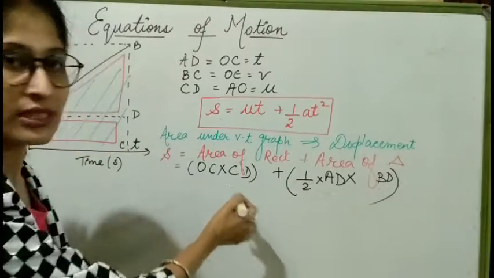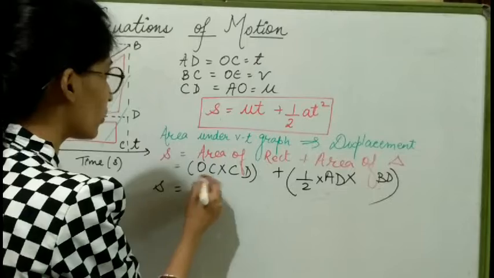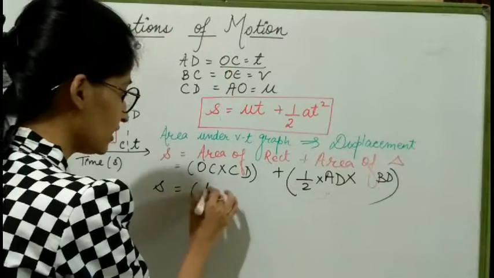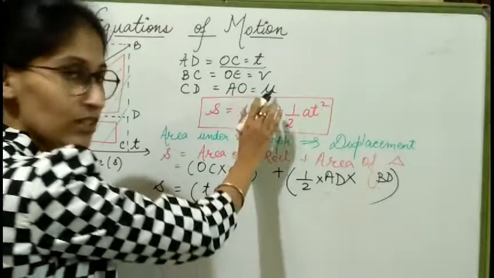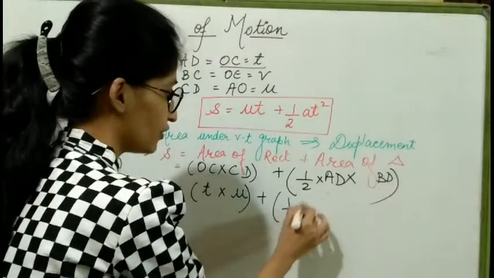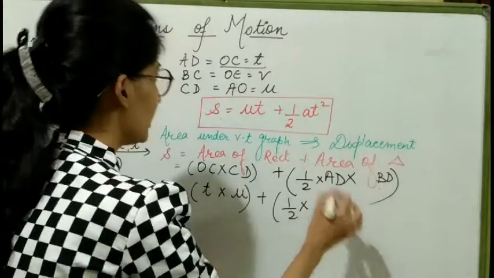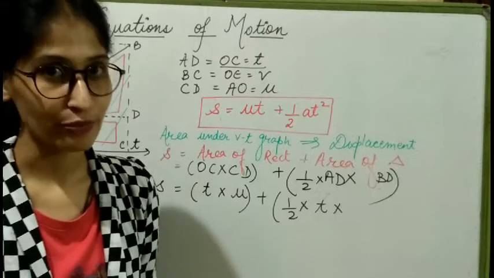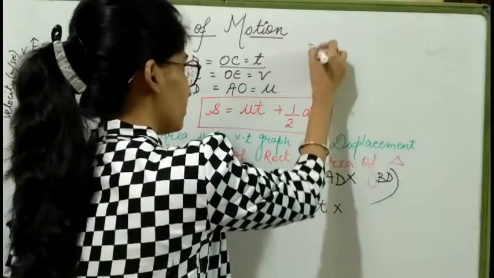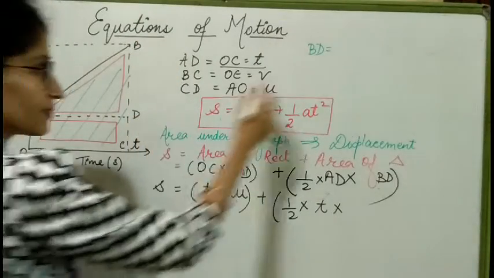Now put values in them. First, I am going to write OC. In the place of OC, I will write T. For CD, we are going to write U, plus half. For AD, again, we are going to write T. Next, for the case of BD, as previously calculated, we can write BD as BC minus CD.